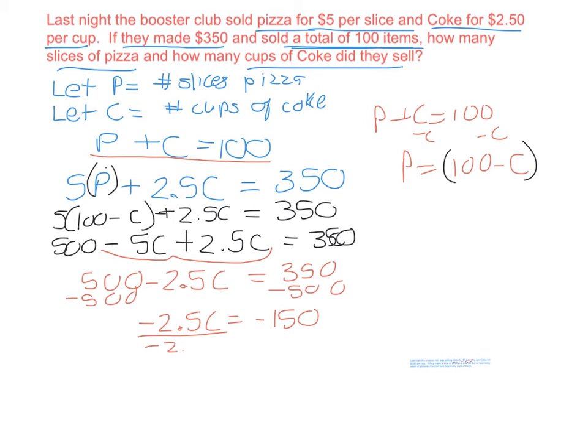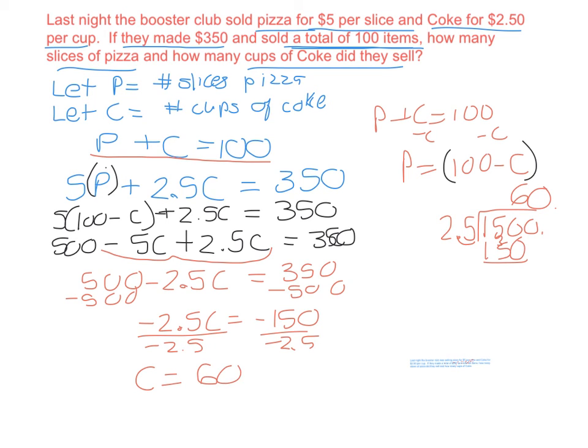I need to divide both sides by negative 2.5 so that my answer will come out positive. 150 divided by 2.5 means I've got to move a decimal over, which means I've got to add 1 here. So that's going to go 6 times, and that makes it 60.